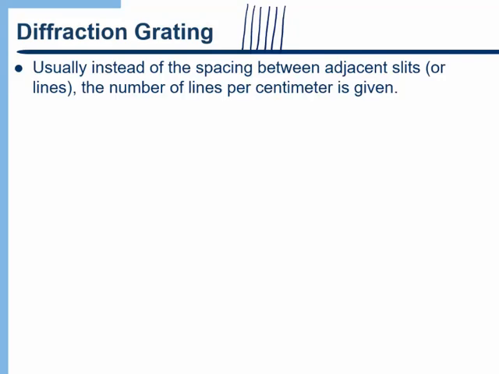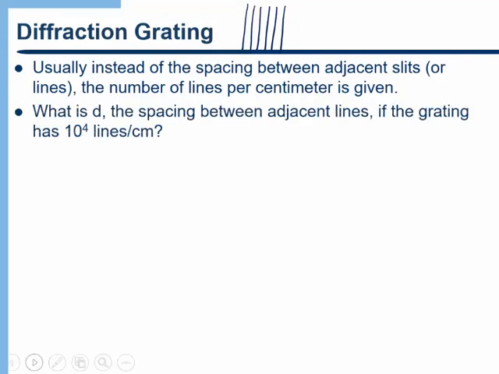In general, for a diffraction grating, what we're given is not the distance between adjacent openings. We're simply given the number of lines per distance, like the number of lines per centimeter. So let's see how that relates to d, the spacing between adjacent lines. If I'm told the total number of lines per distance, and what I want is the distance between lines, it's basically just the inverse of that.